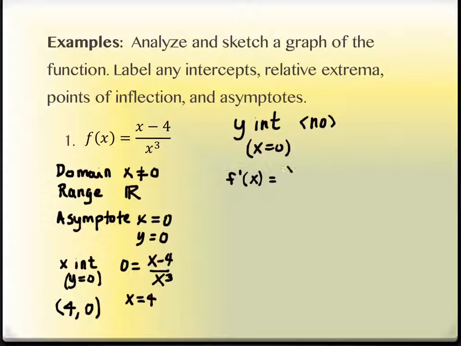So I think we start with x cubed, right? Times the derivative of the top, which would be 1, minus the top, which is x minus 4, times the derivative of the bottom, which is 3x squared, all over x to the 6th.